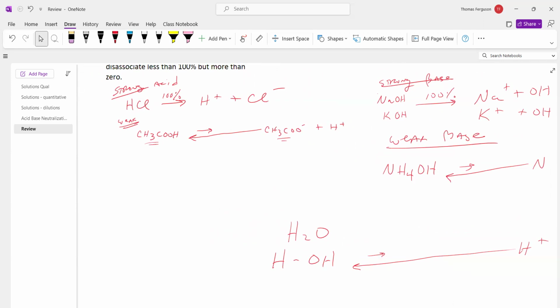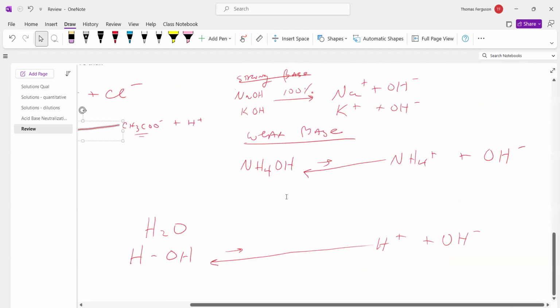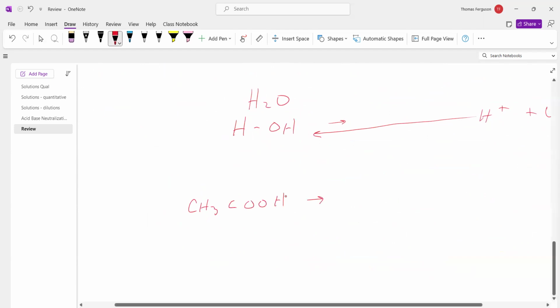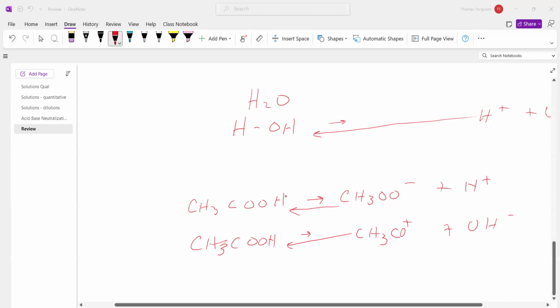This is the problem. How stable is this in water, as opposed to if we take the other one? So the question is, is this stable?